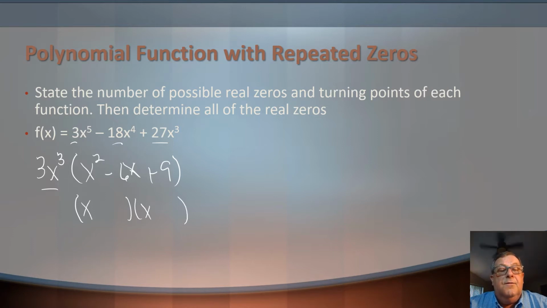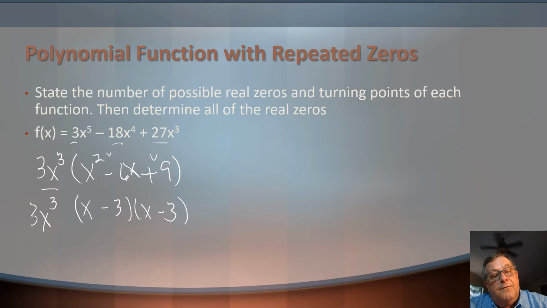And now I need two numbers that are going to multiply to positive 9 and add to negative 6. And since this is positive and that's negative, I know inside my parentheses are going to be negatives. Well, what about 3 and 3? Well, negative 3 times negative 3 equals positive 9, and negative 3 minus 3 is negative 6.